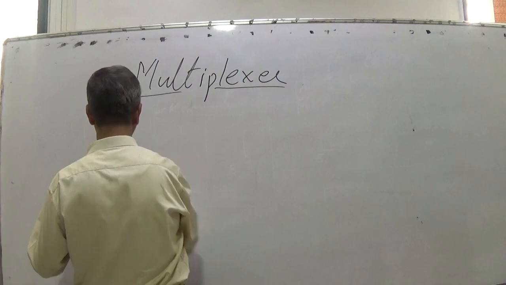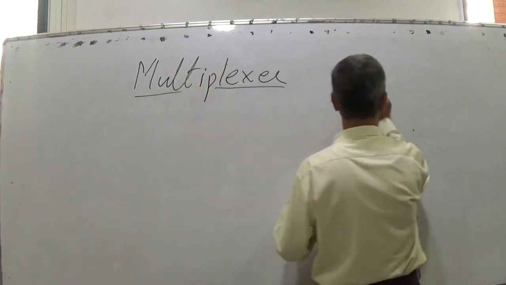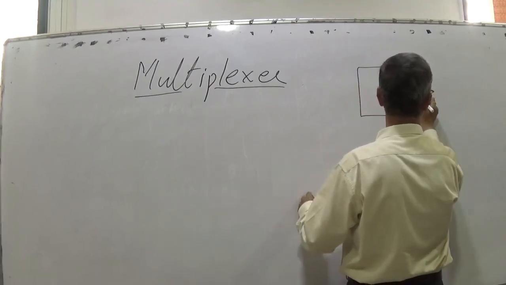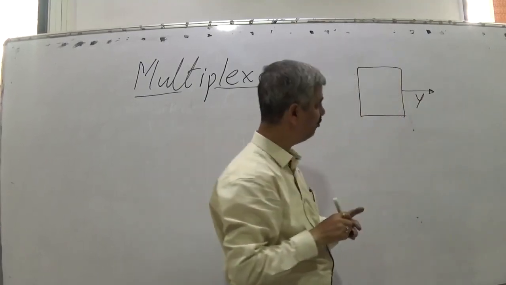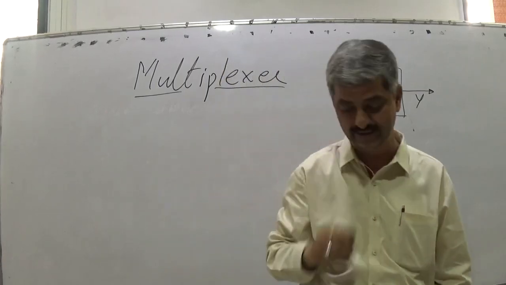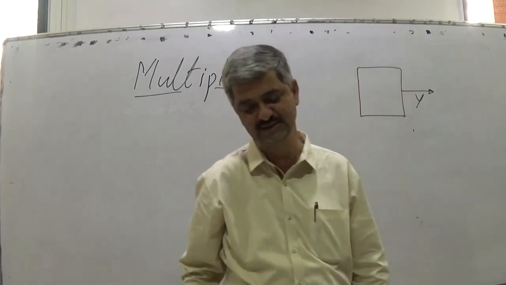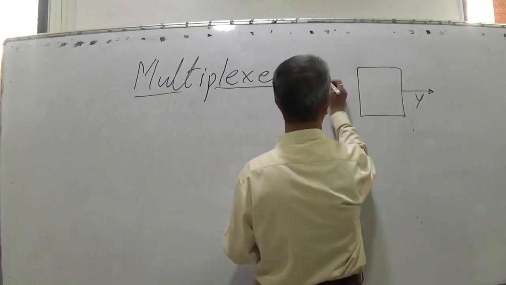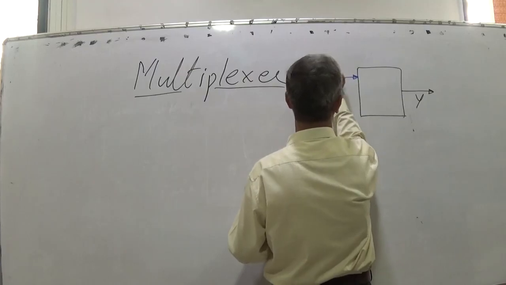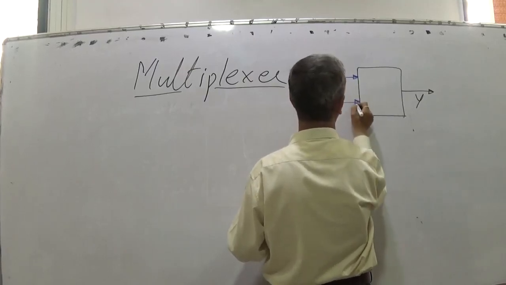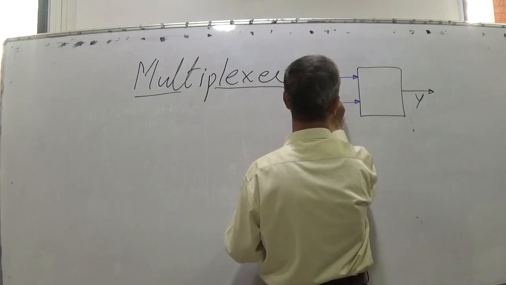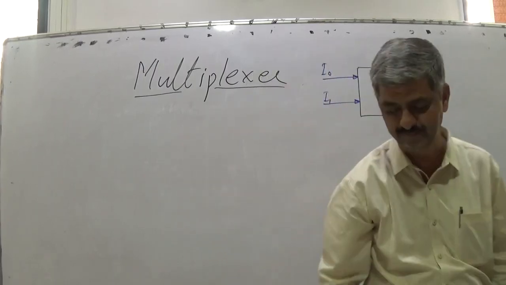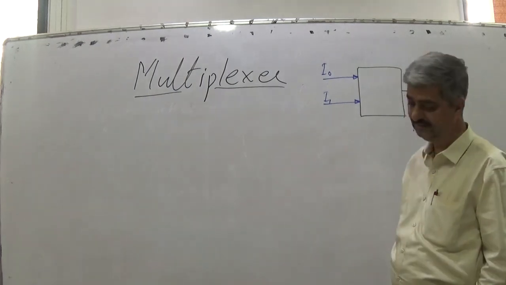The output of the multiplexer is denoted by Y, and it has multiple inputs which are denoted by I0 and, at least 2, we start with I1. So we have 2 inputs I0 and I1 and one output Y.